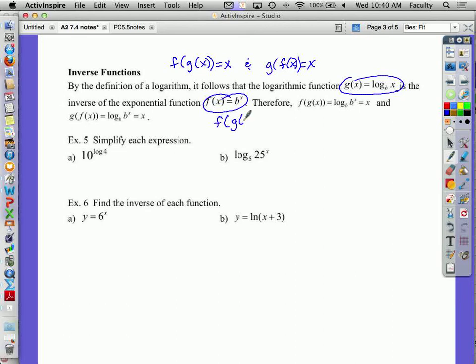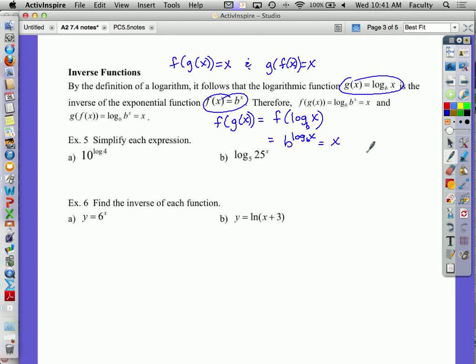If I look at the composition, according to the definition of inverses, f of g of x should equal x. But let's look at the composition. This is f of the log of x base b. And if f of x is b to the stuff, this is going to be b to the log of x base b.